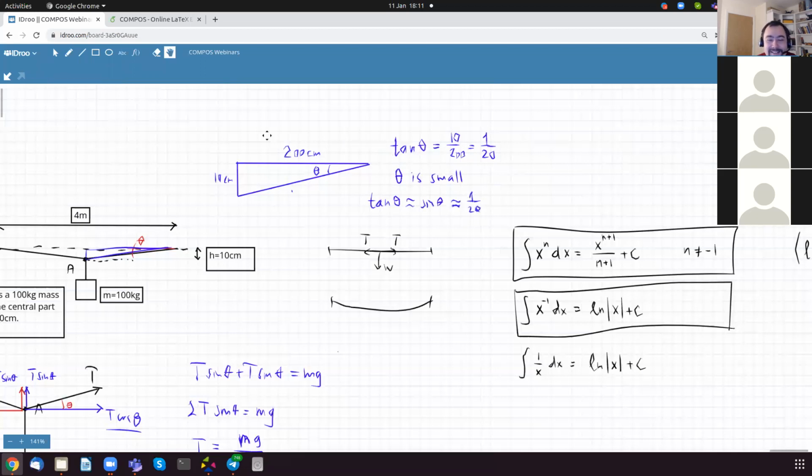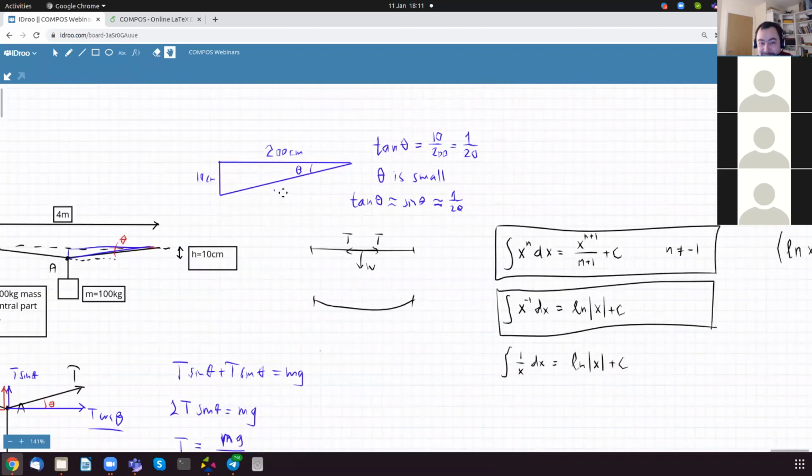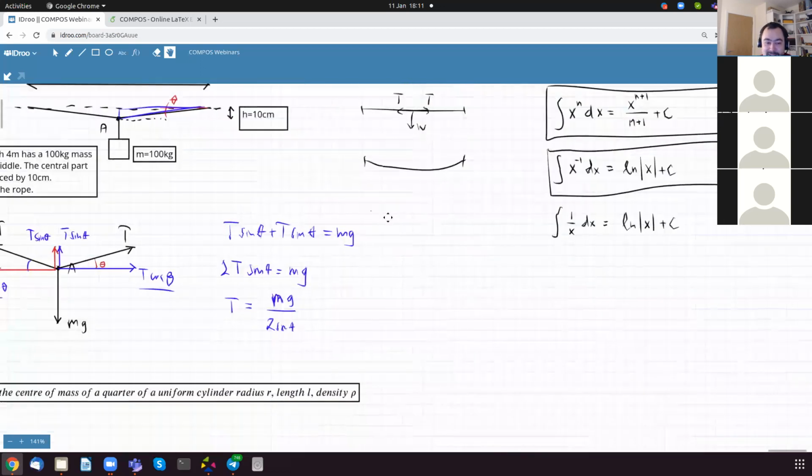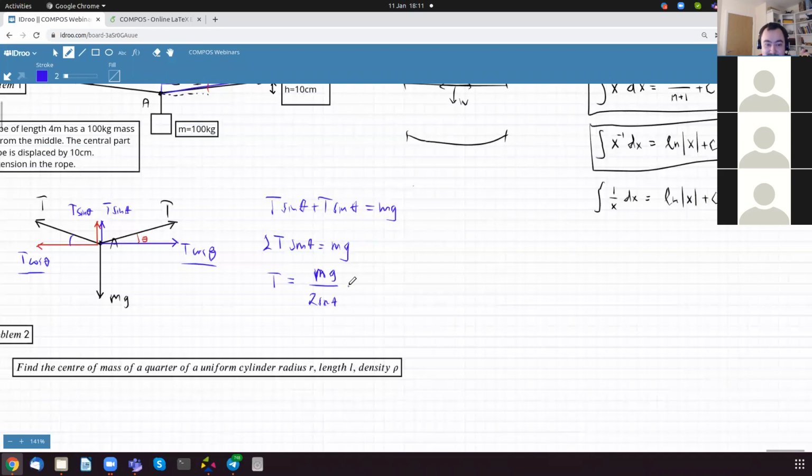I'm not liking complex calculations. If you actually calculate sine theta, it would be so close to 1/20, because it is a small angle. Therefore, I simply put that T is approximately mg divided by 2 times 1/20, which is going to be 10 mg, and then whatever value for g I use.